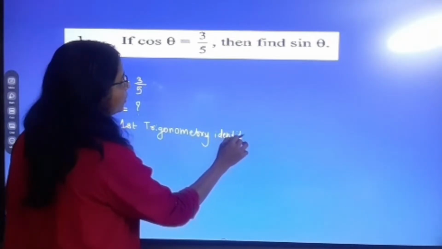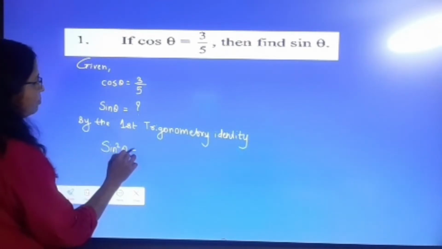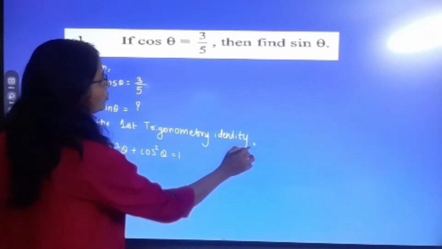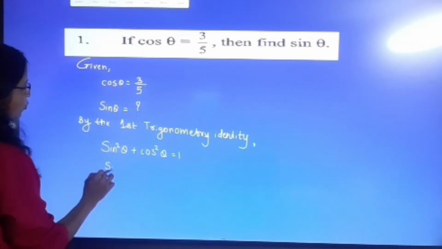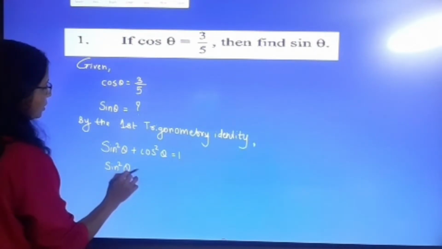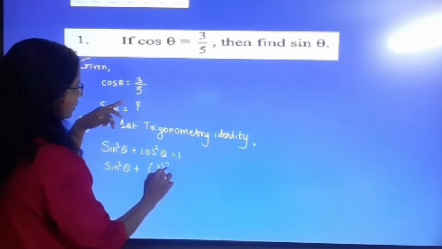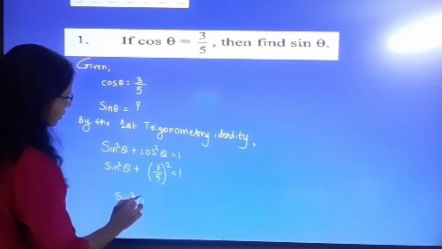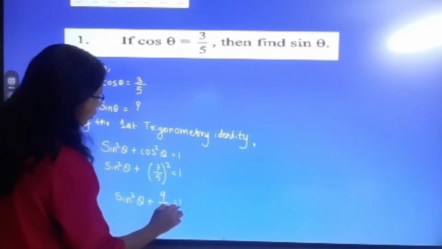the identity is sin square theta plus cos square theta is equal to 1. Okay students, that means sin square theta plus the square of 3 upon 5 is equal to 1. So sin square theta plus 9 upon 25 is equal to 1.